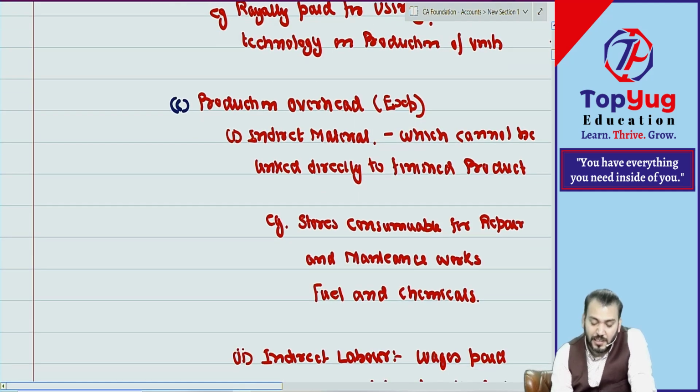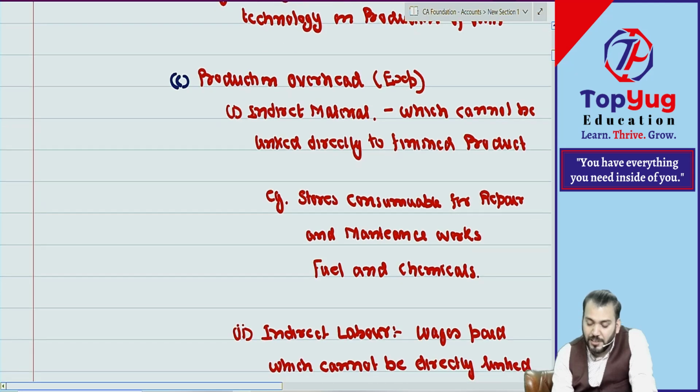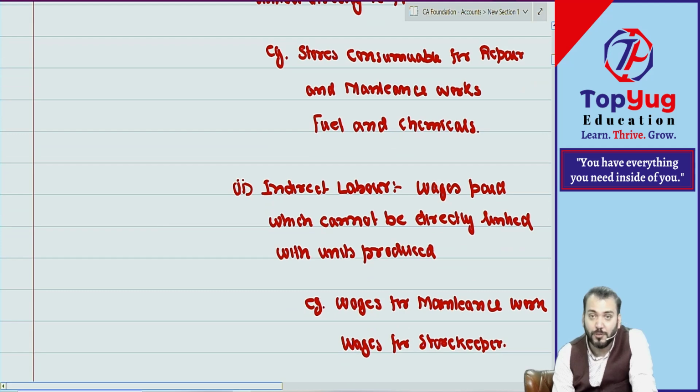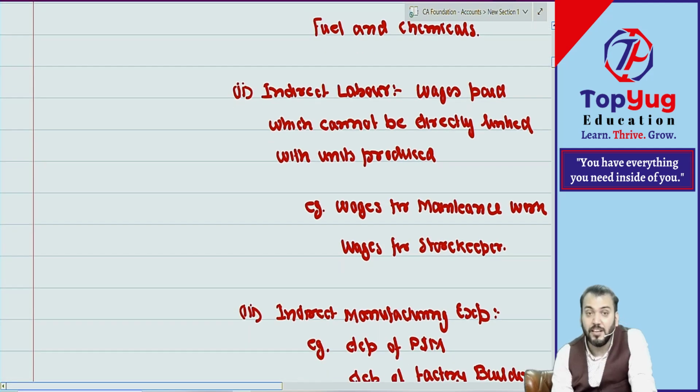Production overhead: then we have done indirect material, which cannot be linked directly to the finished product, for example stores, consumables for repair and maintenance, fuel and chemicals. Then indirect labor: wages paid which cannot be directly linked to units produced, for example wages for maintenance work, wages for storekeeper, who are not directly engaged in production activity.